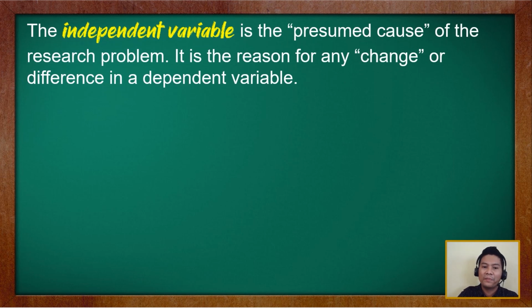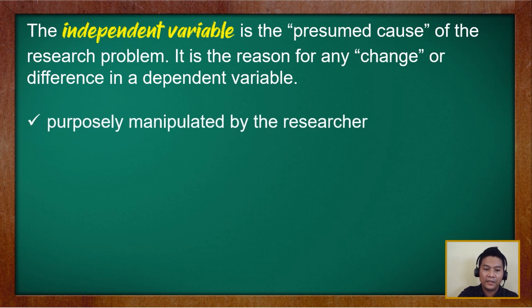Let's begin with the independent variable, which is the presumed cause of the research problem. It is the reason for any change or difference in a dependent variable. It can be purposely manipulated by the researcher depending on the focus of the study.